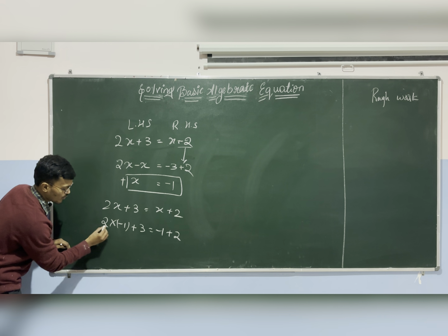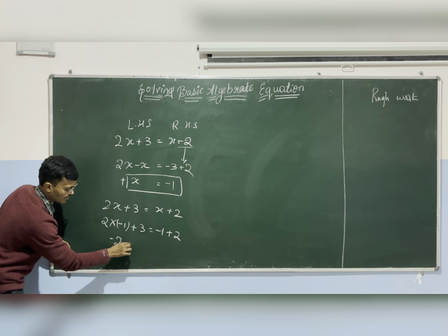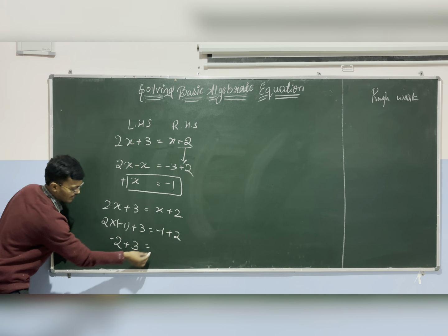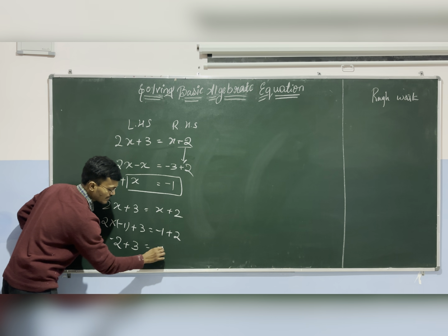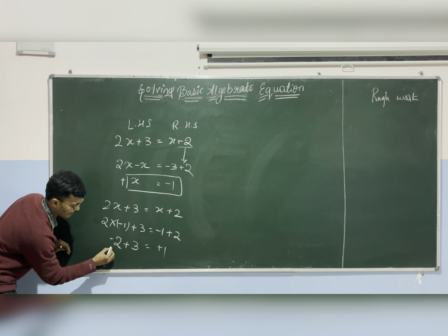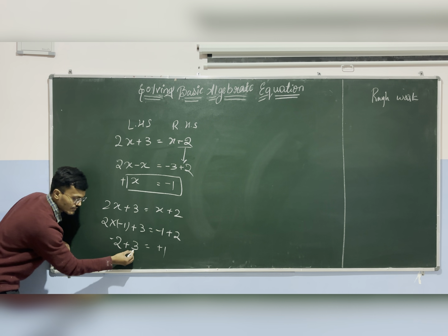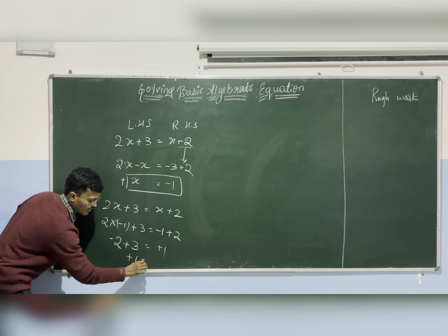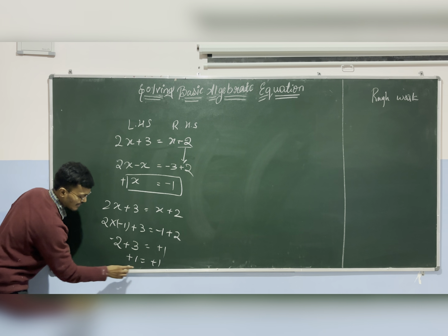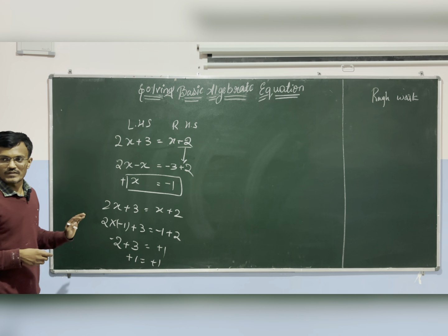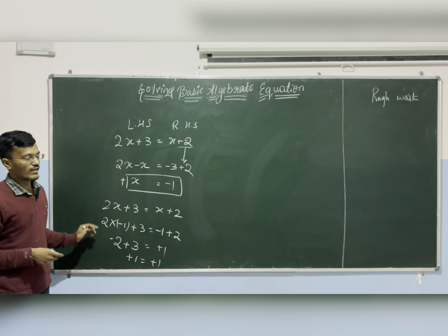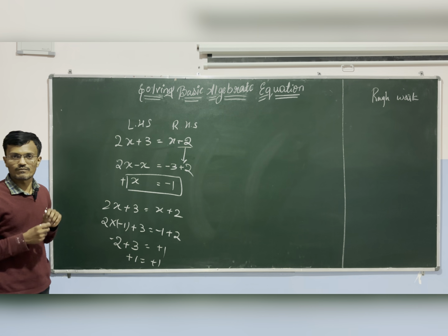So now 2 into minus 1, minus 2 plus 3, the answer is plus 1. Here minus 1 plus 2, the answer is plus 1. So now both sides, LHS and RHS, are equal. This is how we need to solve the algebraic equation one by one.